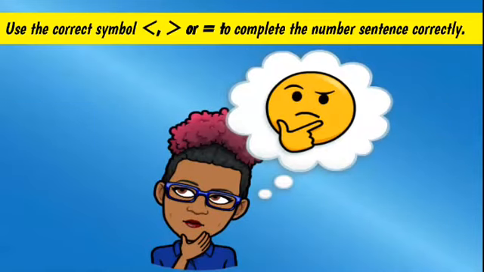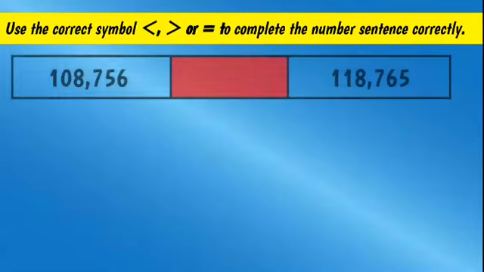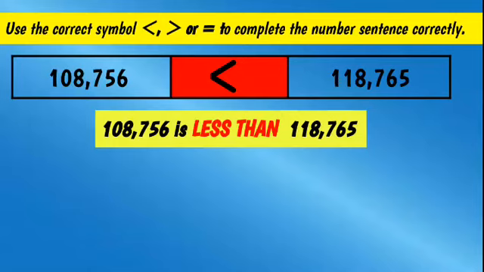Let's move on to another one. 108,756, is it less than, greater than, or equal to 118,765? We see that the first number is less than. So 108,756 is less than 118,765.